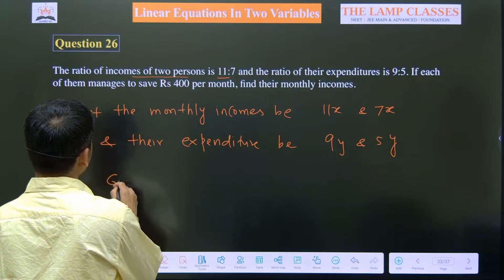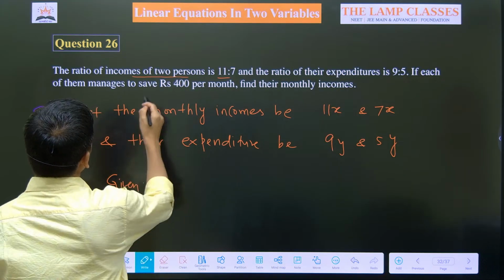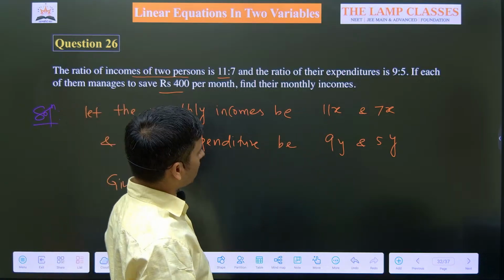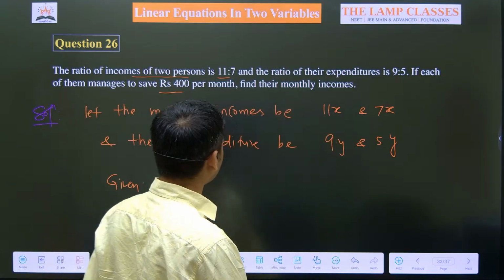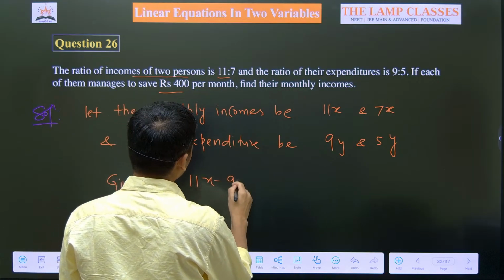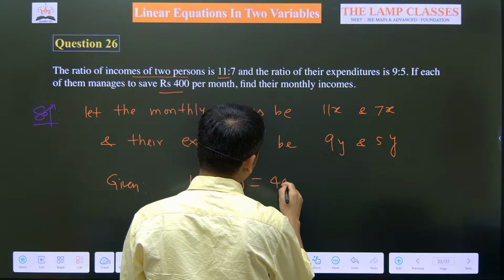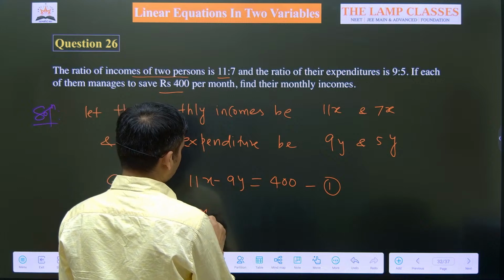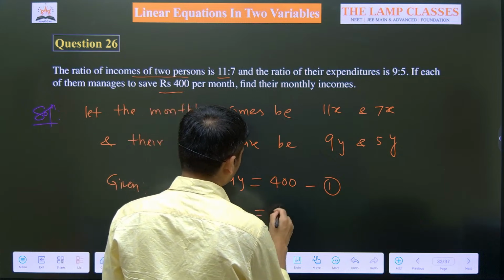They managed to save 400, right? So the first person is able to save 400 and the second person is also able to save 400, right? So can I say 11x minus 9y is 400, equation number 1, and 7x minus 5y is also equal to 400.